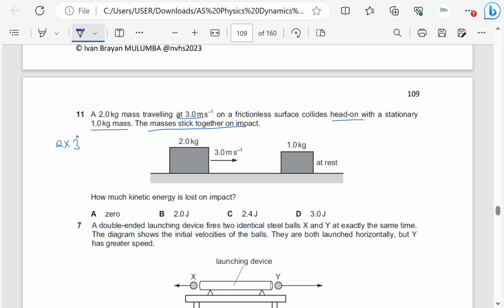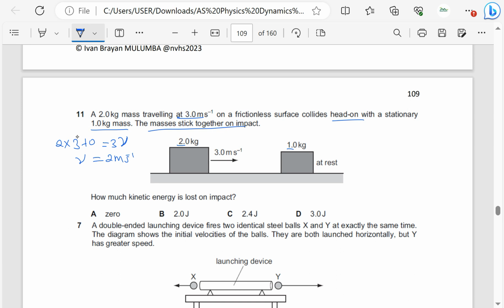The other one is at rest, so it is plus 0. Total momentum after collision, since they stick together, total mass will be 2 plus 1, which is 3, times the common velocity v. So the common velocity v is simply going to be 2 meters per second. So the velocity with which they move as a common body is 2 meters per second.